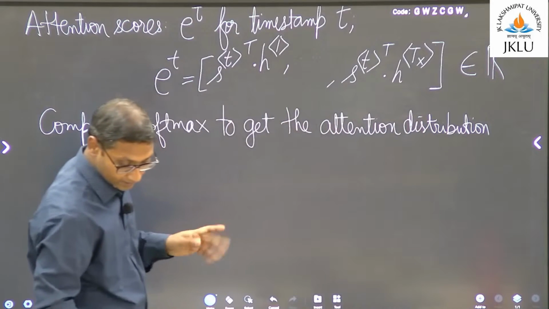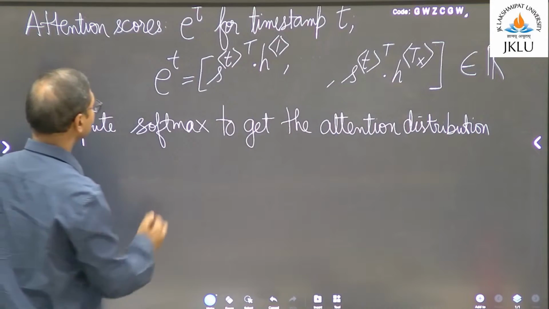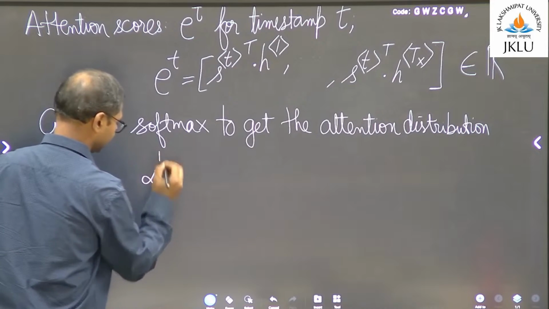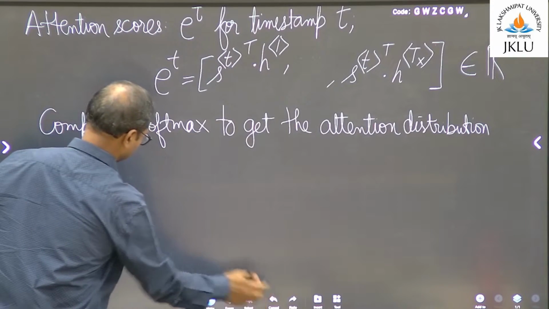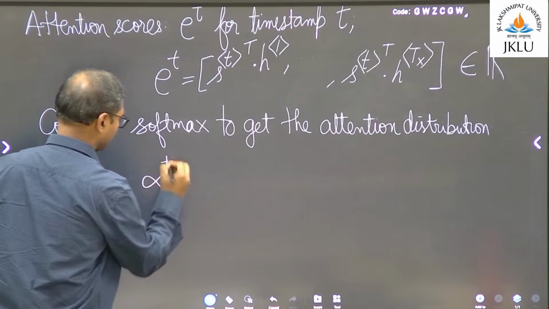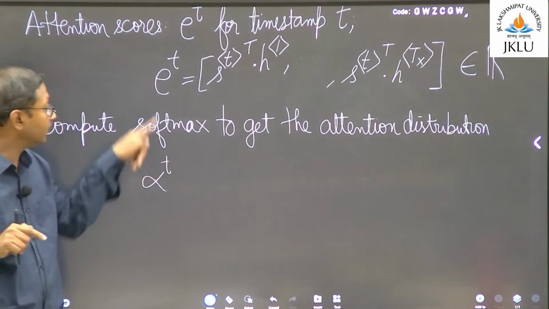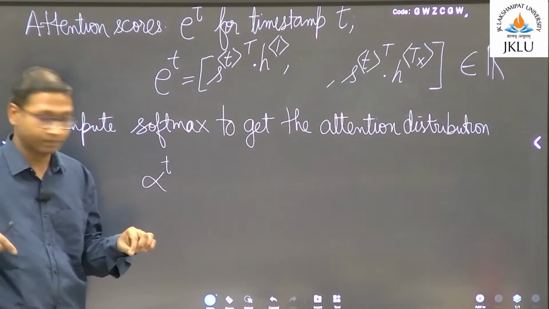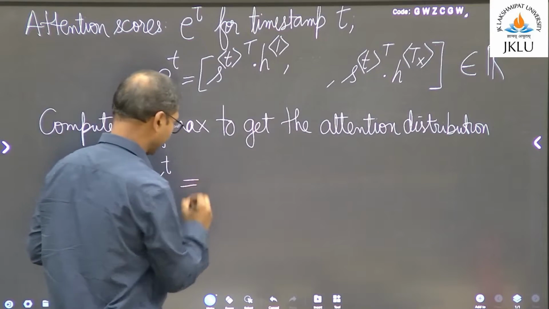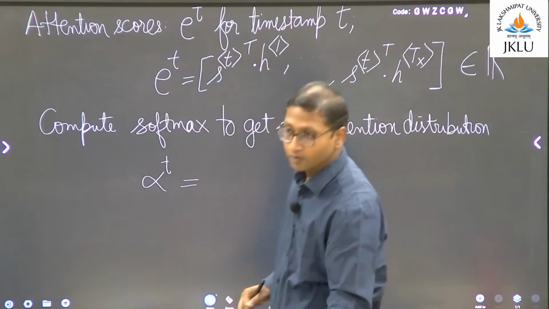Now what is the attention distribution? Alpha t. And t means it is for this time step. So alpha t is softmax of Et.